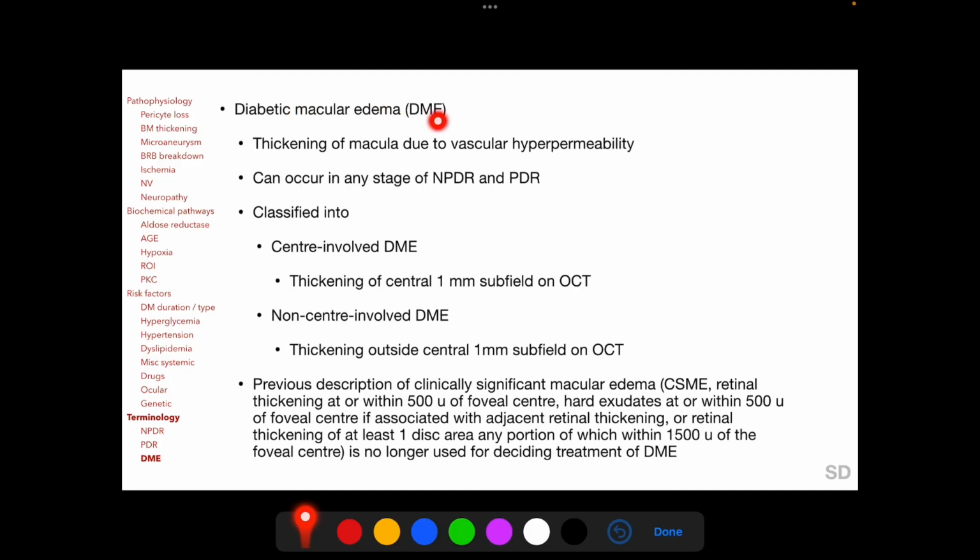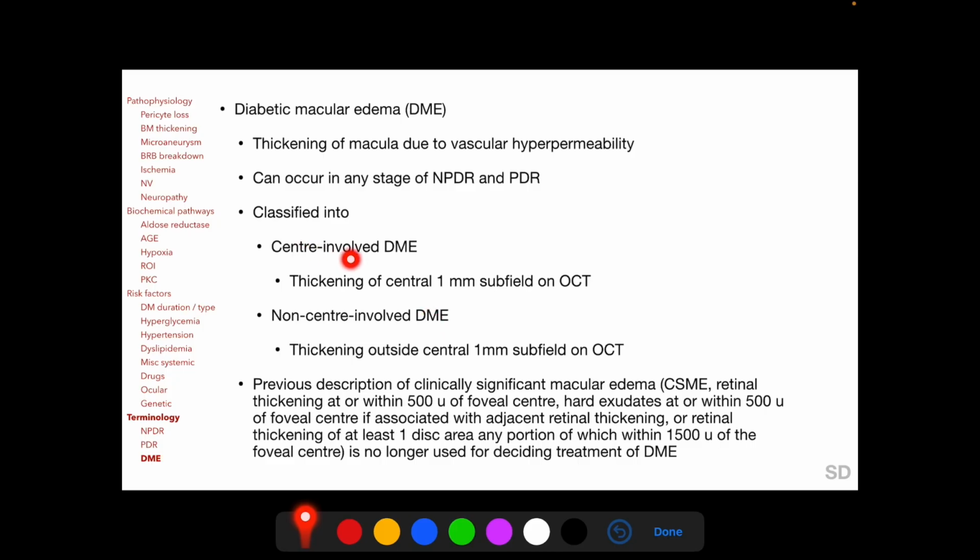Diabetic macular edema is the thickening of the macula due to vascular hyperpermeability and can occur in any stage of either NPDR or PDR. Current classification of diabetic macular edema is based on optical coherence tomography and includes two forms: center involved diabetic macular edema and non-center involved diabetic macular edema.